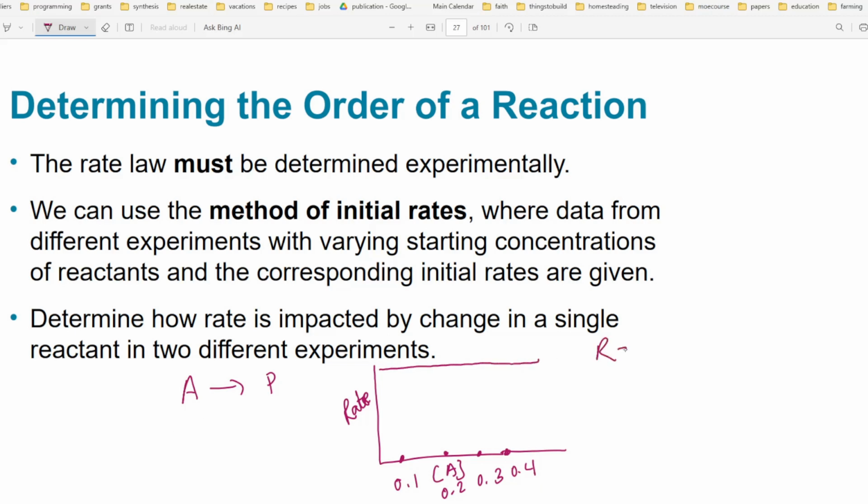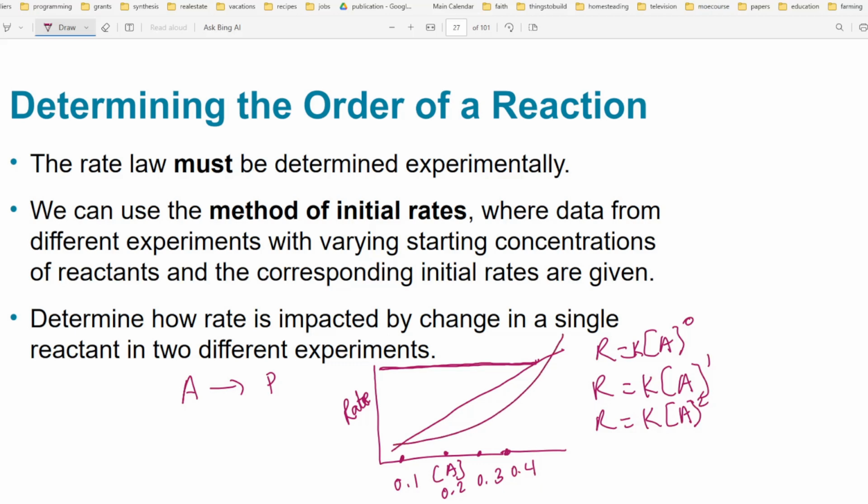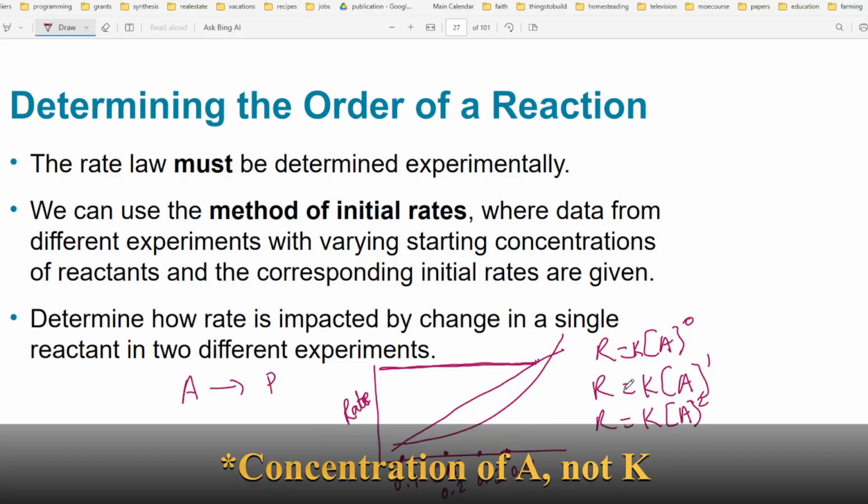In other words, if the rate is equal to the concentration of A to the 0 power, then the rate is not affected by increasing A. If the rate is equal to some k times the concentration of A to the first power, as we saw earlier, we get a linear increase in rate as we increase the concentration of A. If the rate is equal to some k times A to the second power, we get an exponential increase in rate as we increase the concentration of A. And these are the most common rate equation examples.